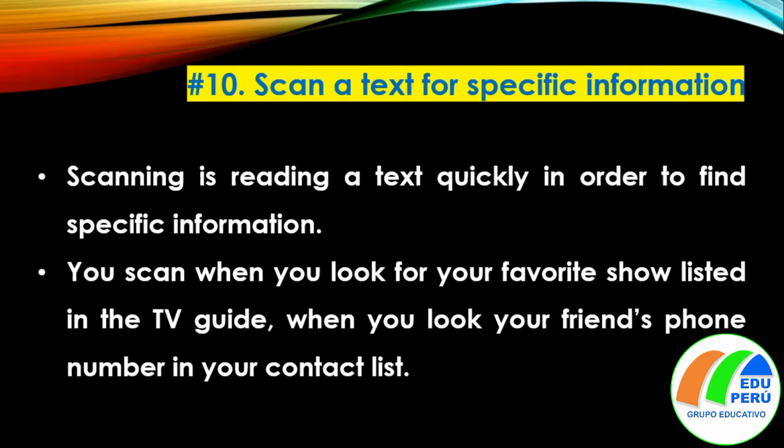So you have this kind of activities where students find some specific information, but quickly. Notice, quickly, they don't have to last for a long time. Just a few minutes, and they need to find some specific information. All right, this is called scanning.